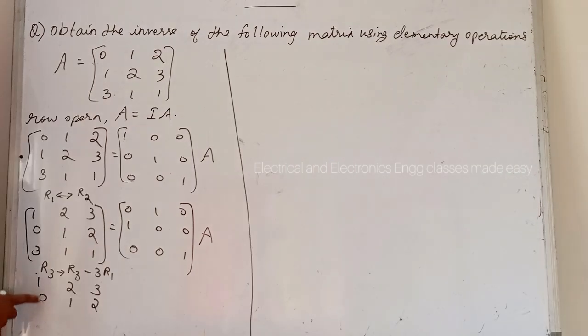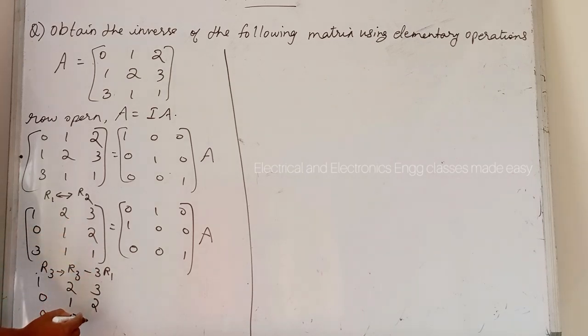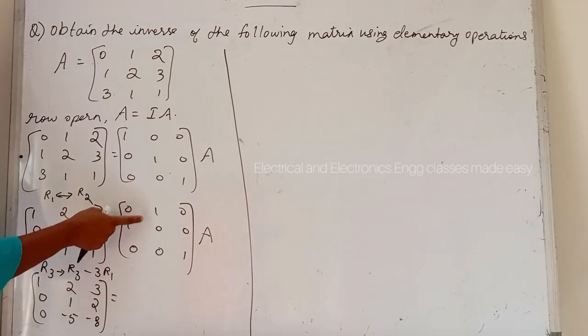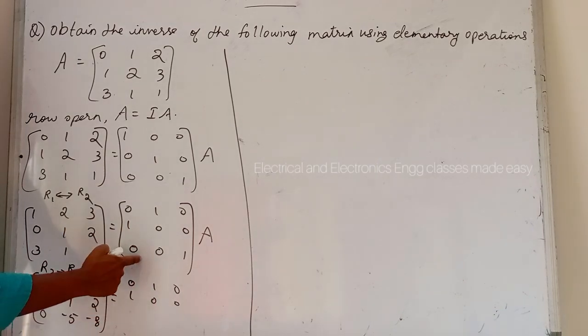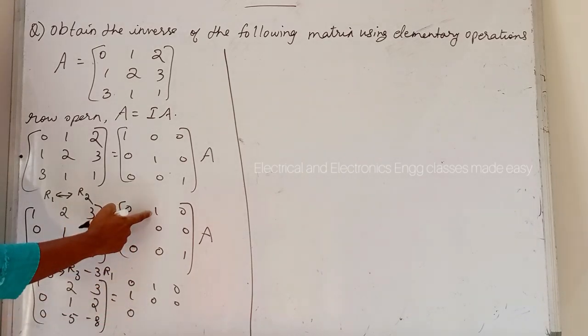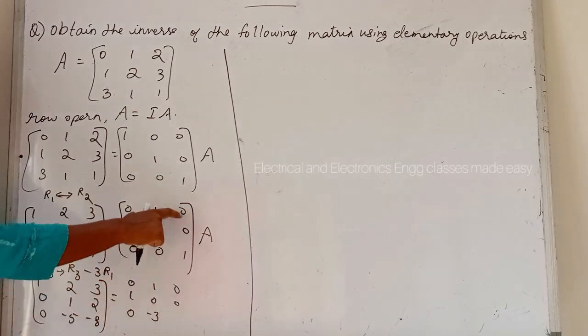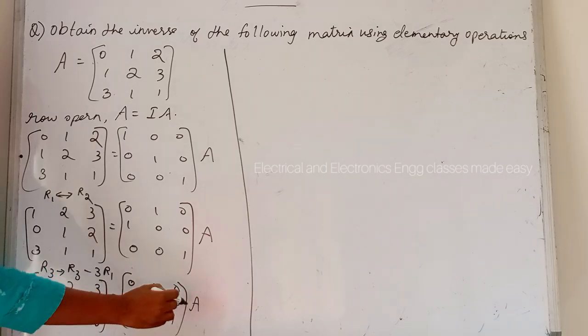In the third row, 3 minus 3 times R1 is 0. Then 1 minus 2 into 3, that is 1 minus 6, is minus 5. Then 1 minus 3 into 3, that is 1 minus 9, is minus 8. Equal to, here also these two rows have no change: 0, 1, 0, 1, 0, 0. In the third row, 0 minus 3 times 1 is minus 3, then 0 minus 0, then 1 minus 0, so it is 1, into A.